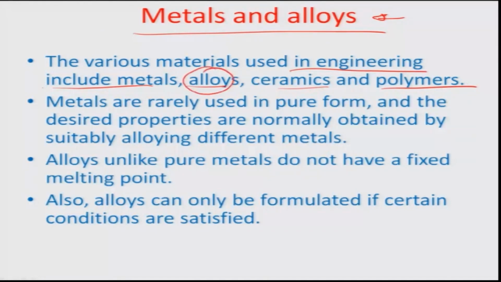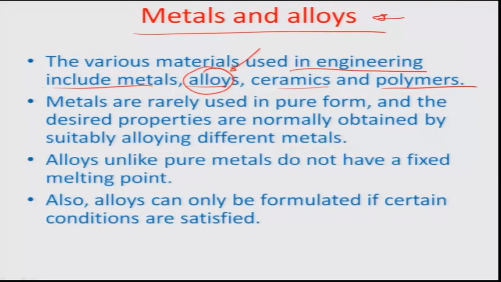Alloys are a major component of engineering materials because of their enhanced properties, brought in by two or more participating metal atoms. So, in engineering applications, metals are hardly used in their pure form, and there is always an issue about using suitably alloyed materials, so that increased engineering properties can happen.